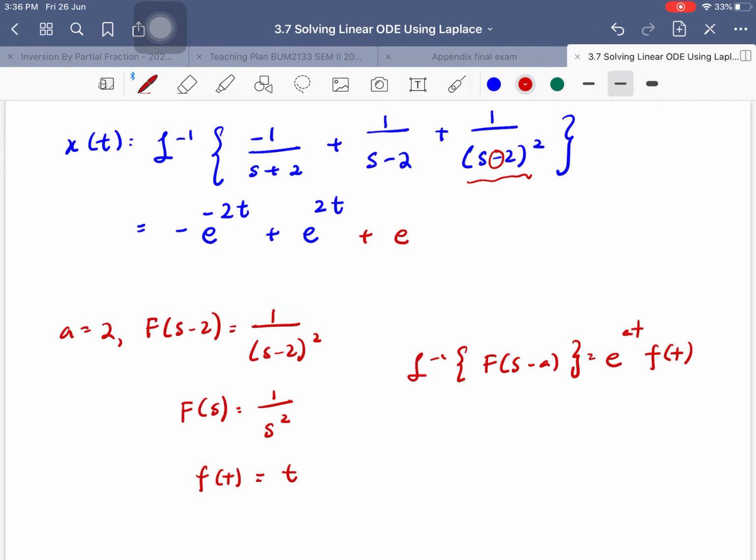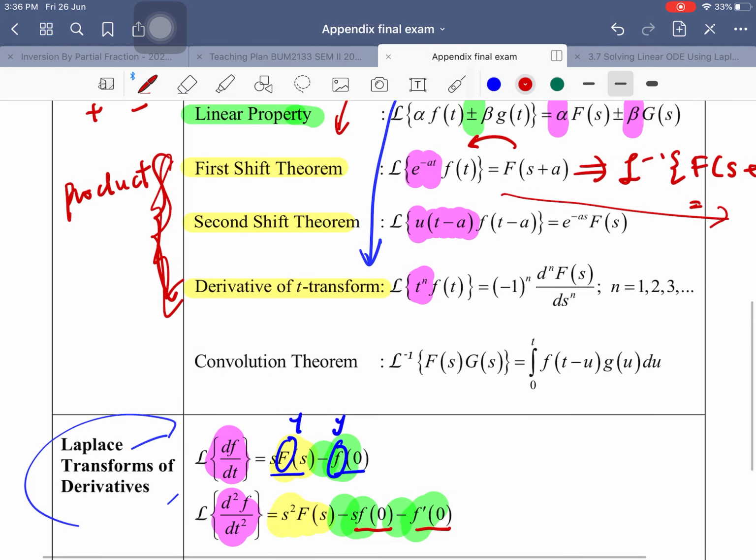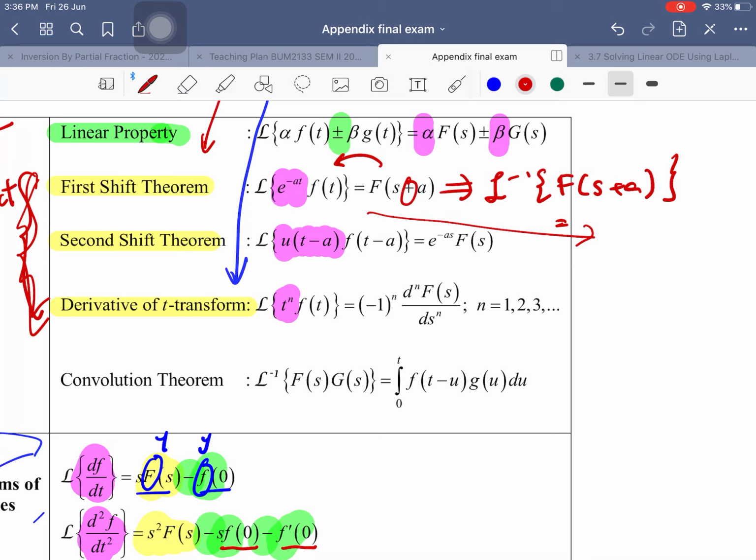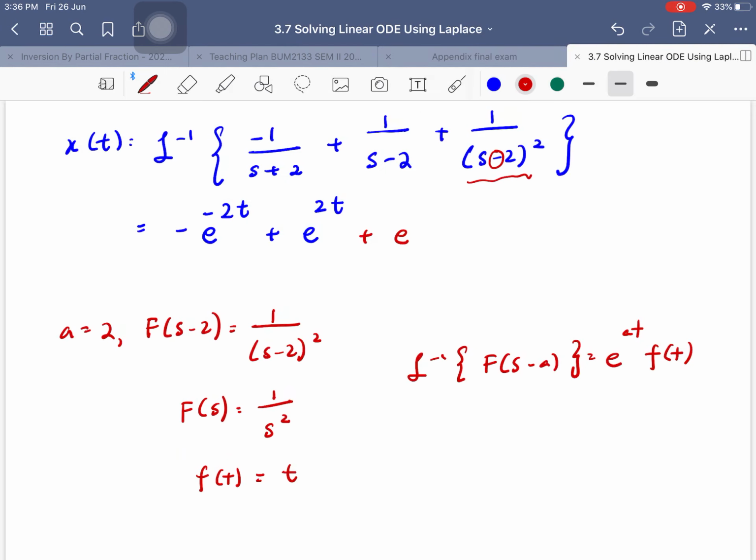So it's going to be the opposite. I've written the formula over here: if this is plus, this is going to be minus, and if I have a minus right here, this is going to be a plus. So therefore my exponential is going to be positive 2t multiplied by f of t, which is going to equal t. So that will be the outcome, right?